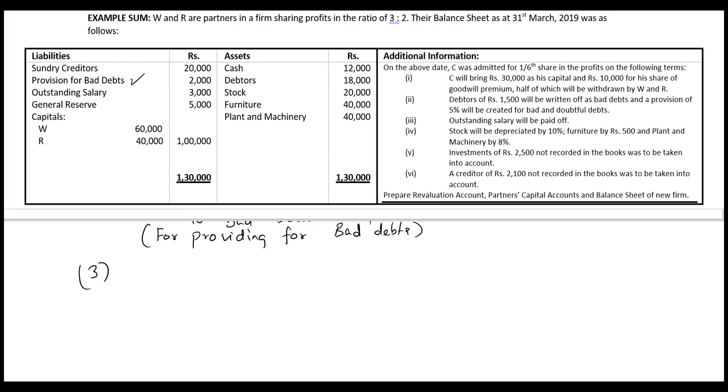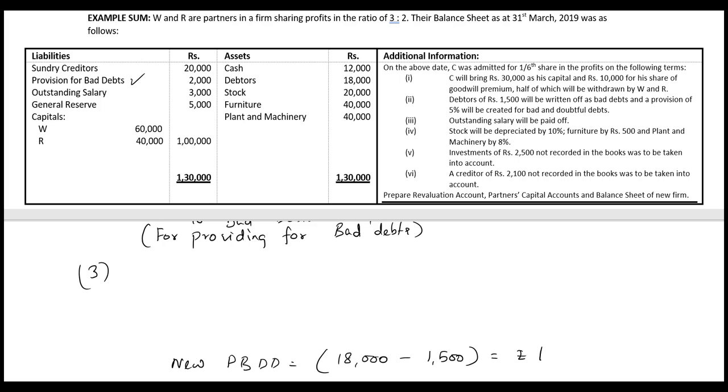Third journal entry. Now let's calculate the amount of new provision for bad and doubtful debts. So we had the original amount of debtors 18,000. We subtracted the bad debts of 1,500, which is equal to rupees 16,500, and on that we need to make a 5% provision that comes up to rupees 825.